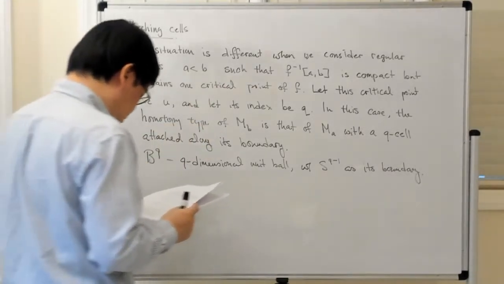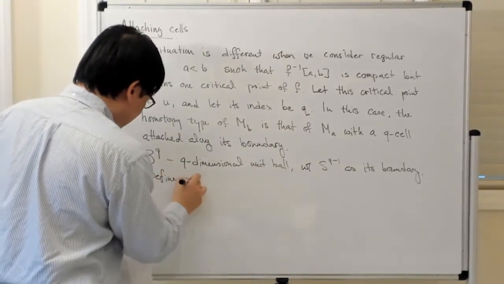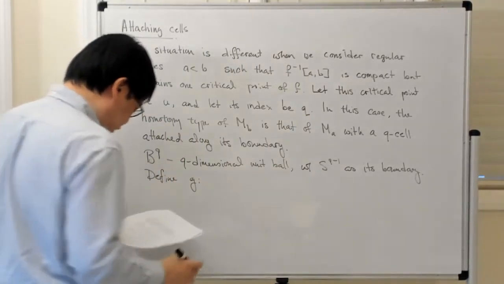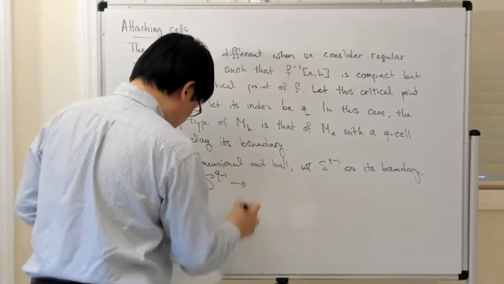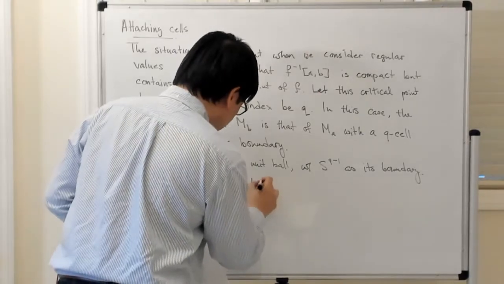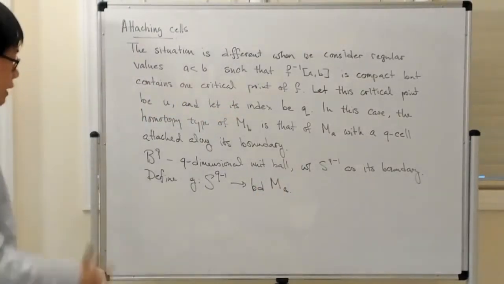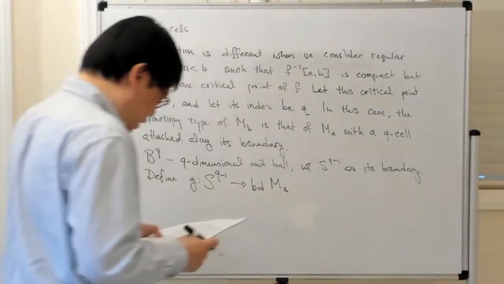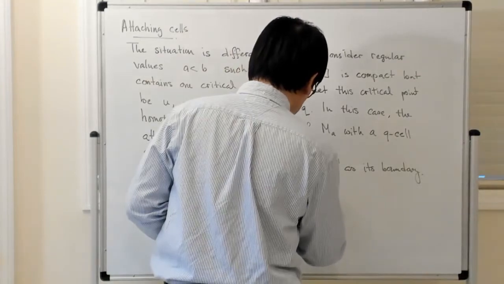So we define a map G from the boundary of this ball to the boundary of the sublevel set with value A. Okay, and then this has to be continuous.